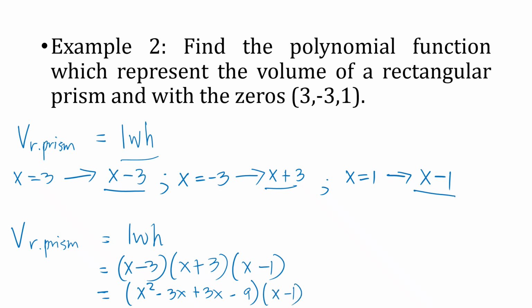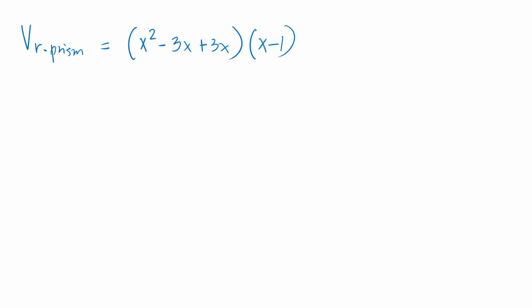And after that, we're going to simplify this expression. Okay, so we're going to write first, the volume of the rectangular prism is equal to x squared minus 3x plus 3x minus 9 times x minus 1.